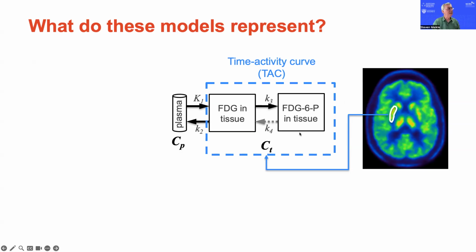You can see that it represents the combined two compartments that we've described in our model. So it includes both the free FDG, the unmetabolized FDG, and also the metabolized or phosphorylated FDG. We can't distinguish between those two species with PET. We don't have chemical specificity to separate them. We just know what the total tissue pool is. So that's what the C subscript T represents.